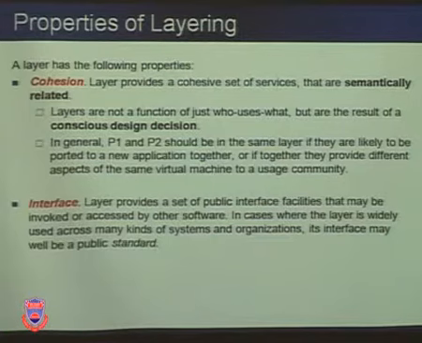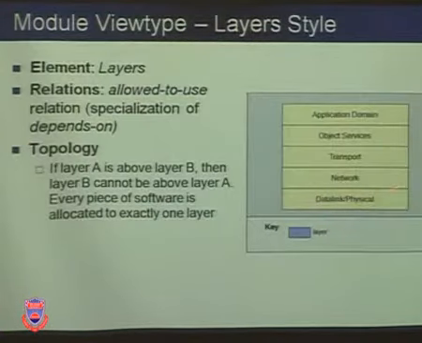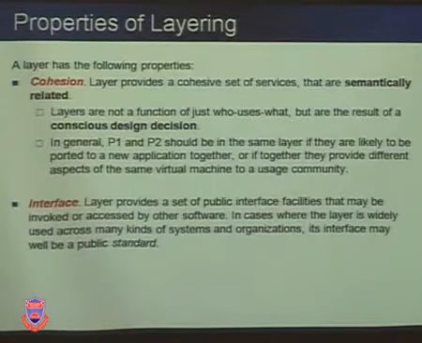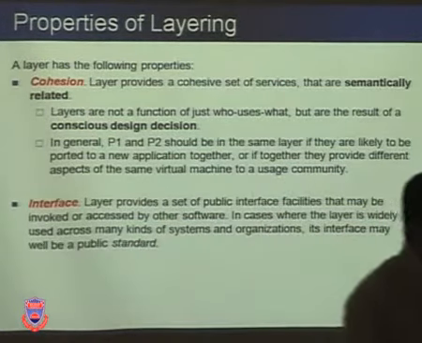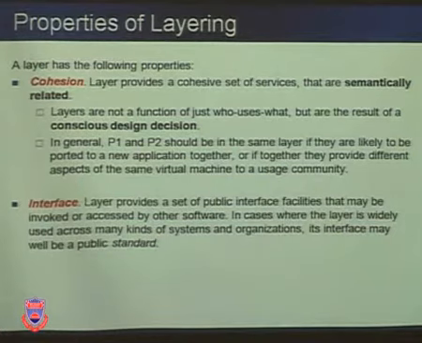Properties of layering. You don't layer in an ad hoc way, but every layer actually groups modules which relate to a similar concern. We say a layer should be cohesive. It provides a cohesive set of services. The modules are semantically related.